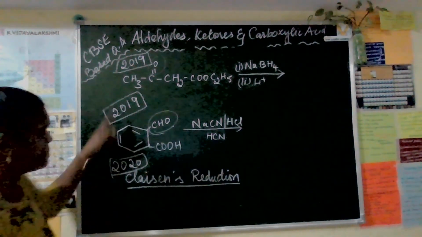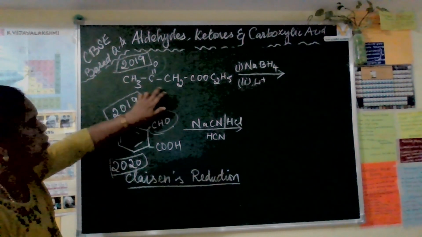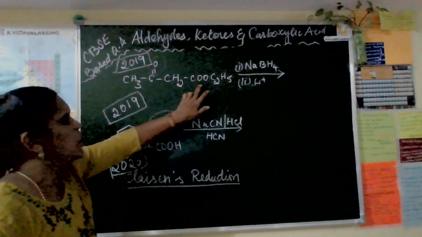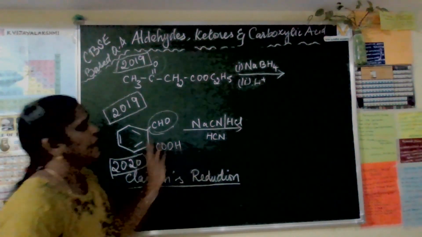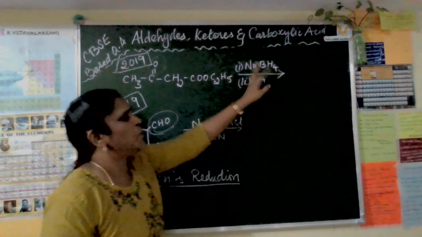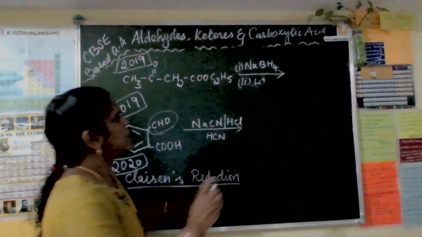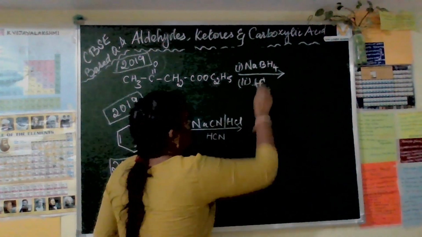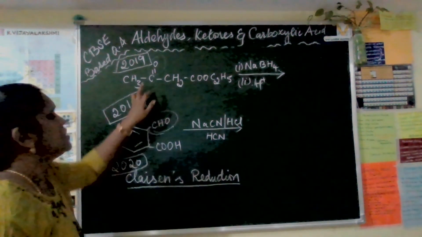Next, one more simple question, and it is important. CH3COCH2COOC2H5, ethyl acetoacetate, combined with sodium borohydride, 100%. It's a reduction reaction. Now what is the product? After that, acidification, water hydrolysis. So what happened?